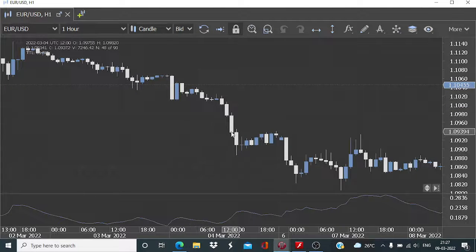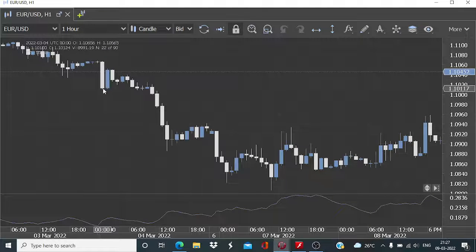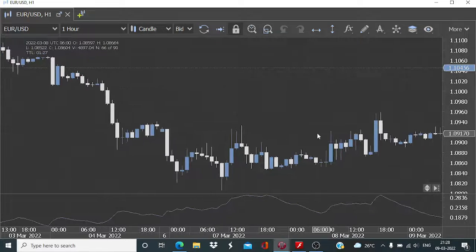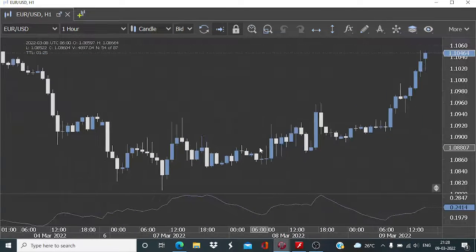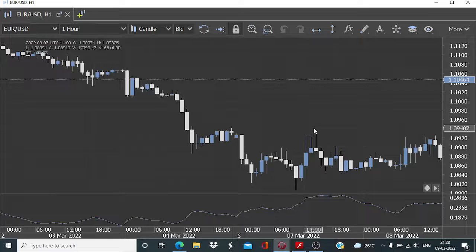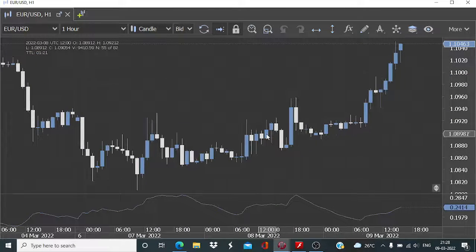And as I have said, we are not going for the market execution. We are rather utilizing the pending open order, and we will be placing the order at half of the difference between the highest and the lowest point of the last hourly candle, and that means we will be placing the order somewhere around here with a stop loss of fixed 25 pips and a target price of 50 pips, giving us a risk reward ratio of 1 is to 2.